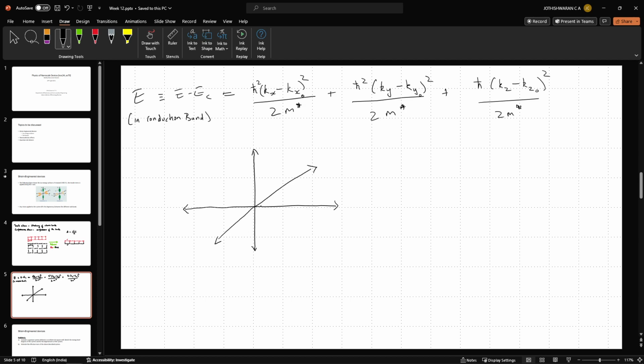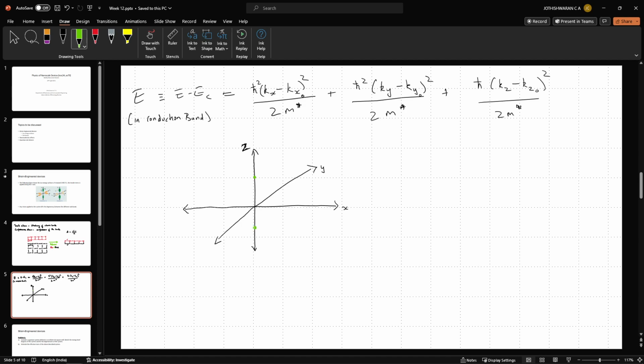These are among the straightest lines I've ever drawn in my life. So we have the x-axis, we have the y-axis, and by definition we have the z-axis. So we will have the centers for each.